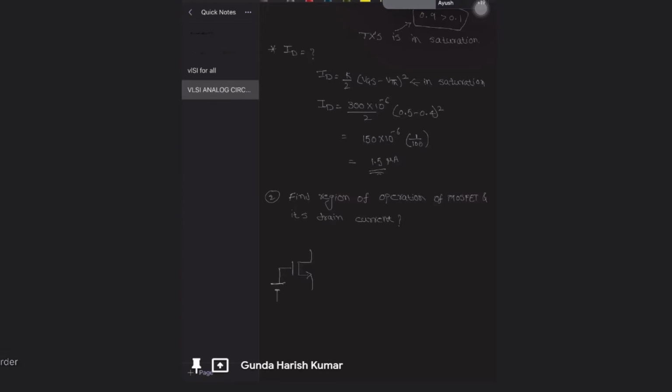Under MOSFET, we applied a voltage of, suppose you applied a voltage of here 1.4 volts. This is ground, source is ground, and here you applied 0.9 volts.